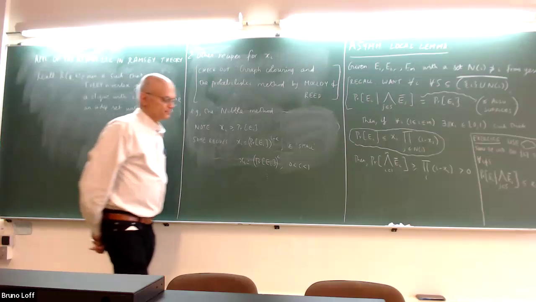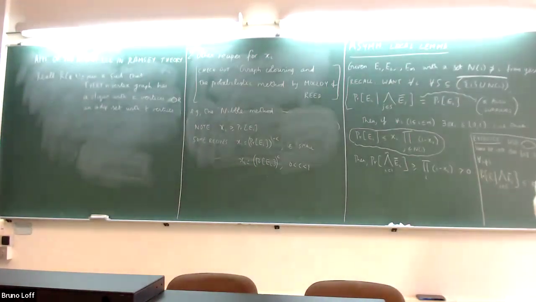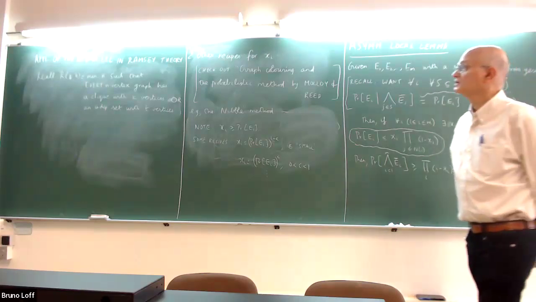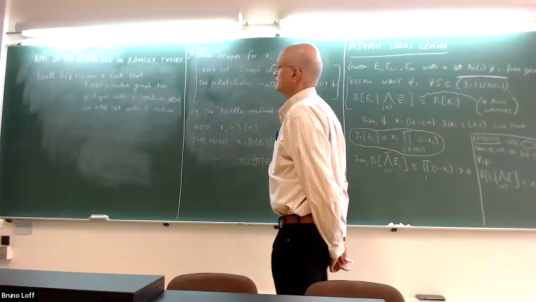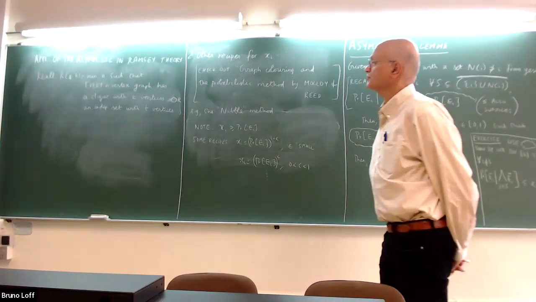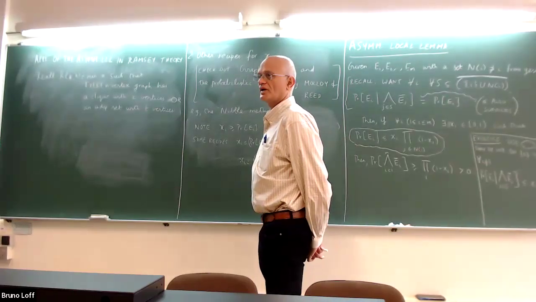Recall one of the basic statements from Ramsey theory, which is that there indeed exists such a minimum n. This number n is finite. And R(k,t), you can also define such things for hypergraphs and so on. We are only talking about graphs here.